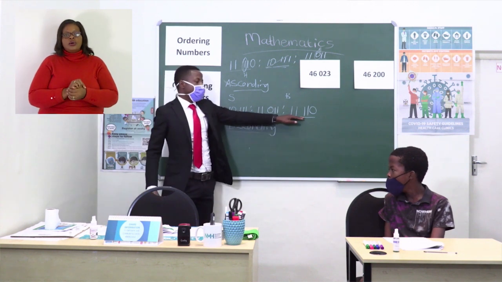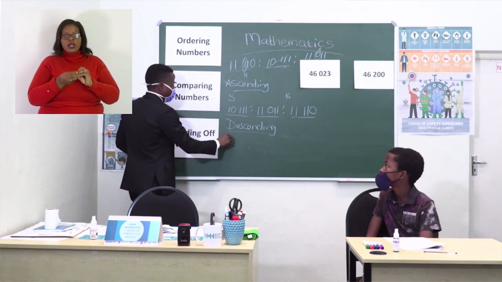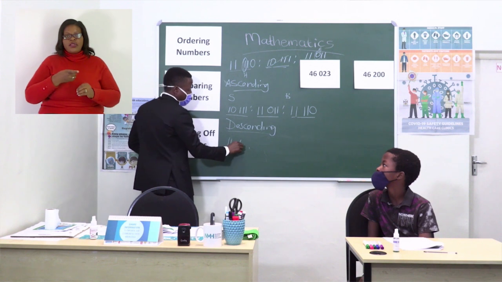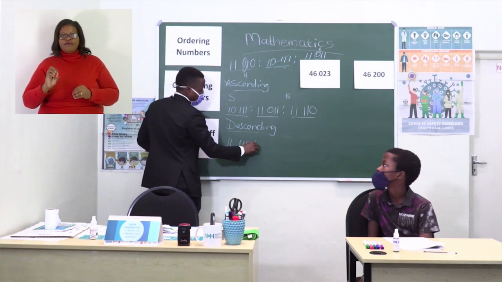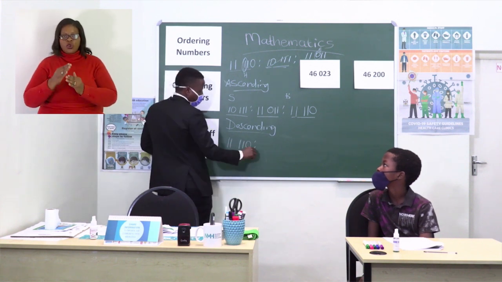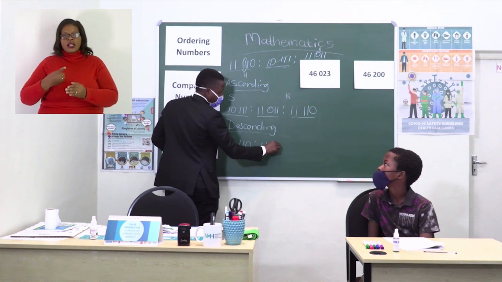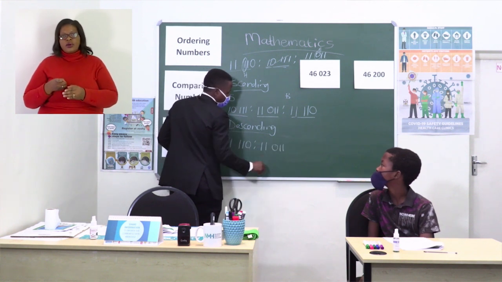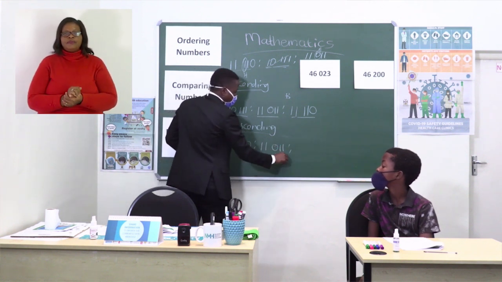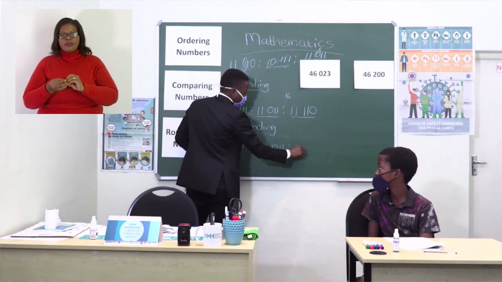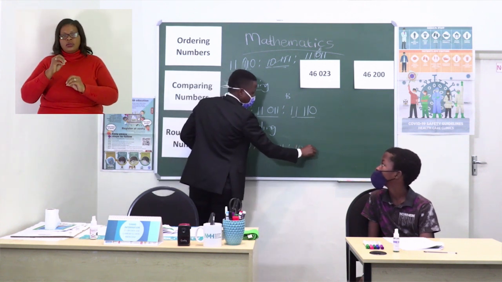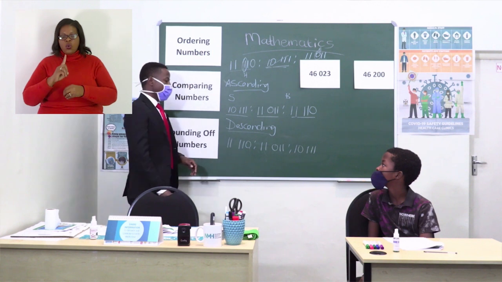you start with the biggest number, which is 11,110, followed by 11,011, and the last one will be 10,111.